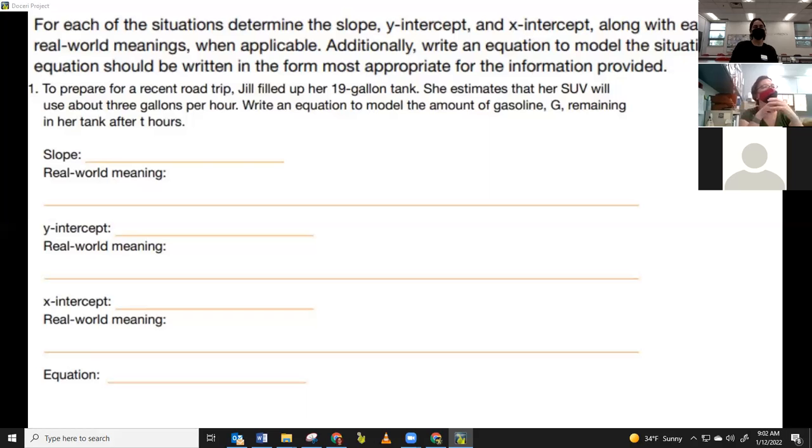So I want you guys to look through number 1, and I want you to tell me, just for starters, anything that you think is going to be important so that I can underline it on the screen.